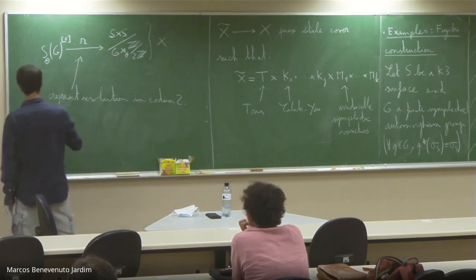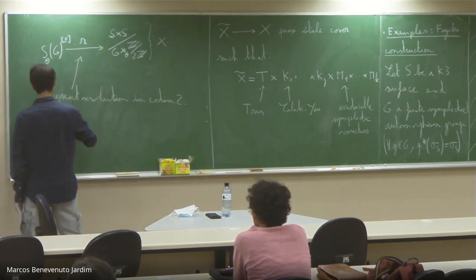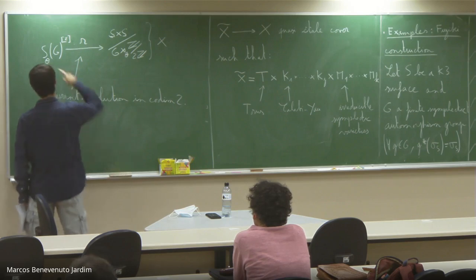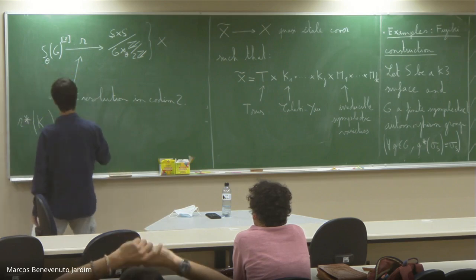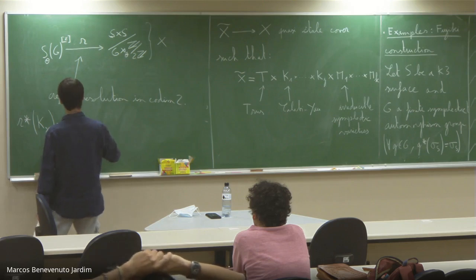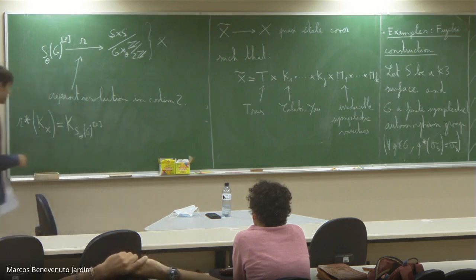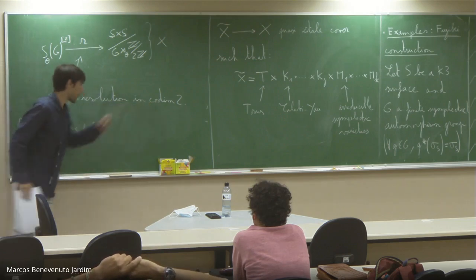So the canonical bundle will still be trivial. This is what crepant means. Codimension 2, what does it mean?